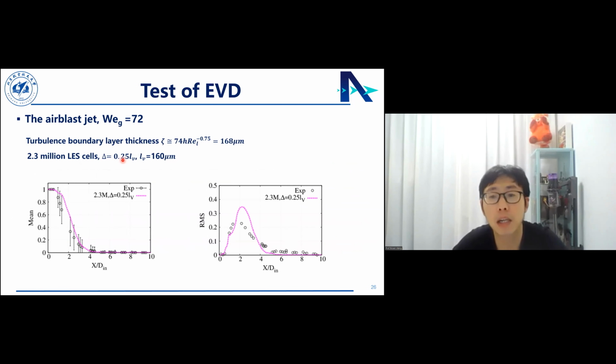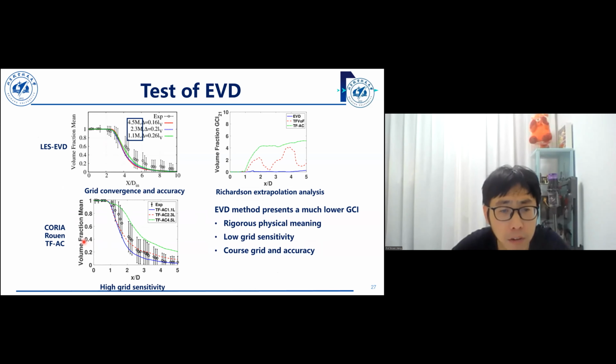Then we make a comparison and conclusion of our method and the existing methods, an advanced method from Beihang University in Korea. Here I made a test for the thinning needle spray burner. I first tested their method. We see a very high grid sensitivity, which was not tested before in their case and in their paper.